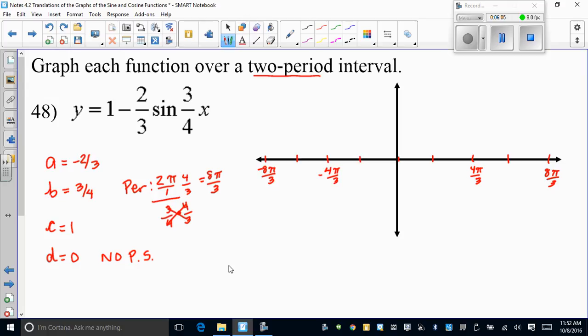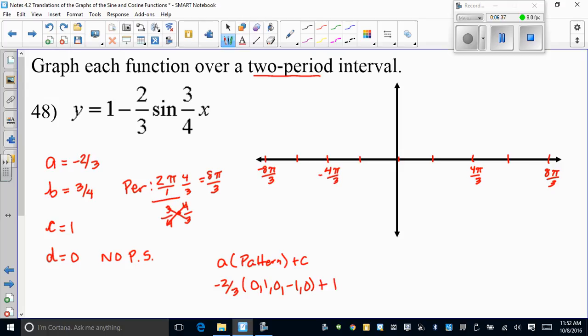So then we need to do A times the pattern plus whatever our C value is. So we have 1 times the pattern of, whoops, A is not 1. So let's try that one again. Negative 2/3 times pattern for sine, 0, 1, 0, negative 1, 0, plus 1.